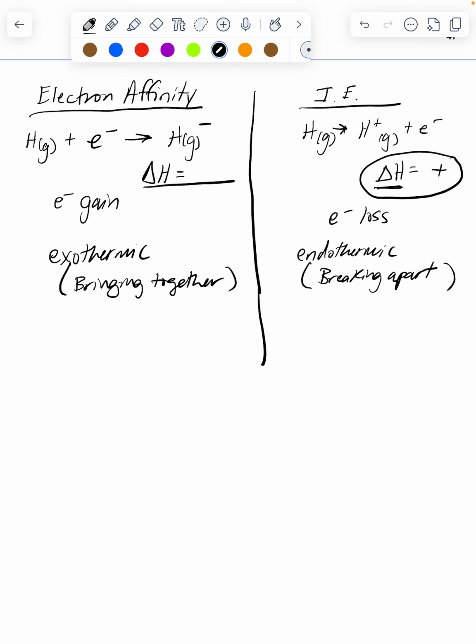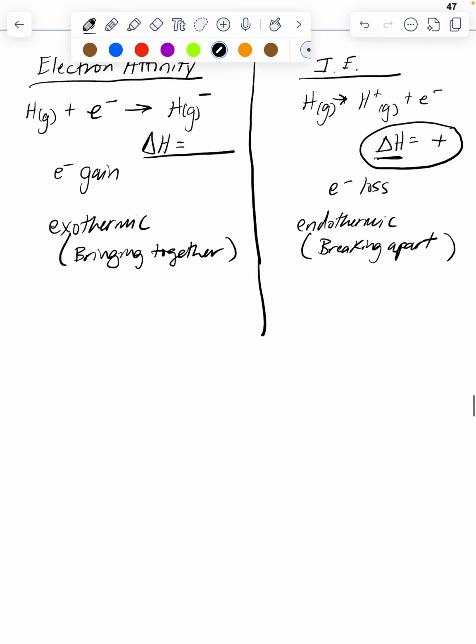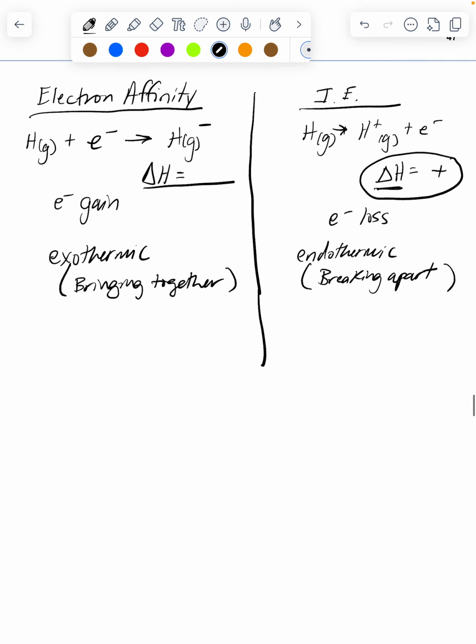Okay, so I've written the chemical equation representation for hydrogen, and then the chemical representation for the ionization energy on the right-hand side. Now, generally, these two properties will follow the rules of effective nuclear attraction. So when will we see the effective nuclear attraction increasing? We're going to see that as we have fewer energy levels, which is also equivalent to having smaller radii.